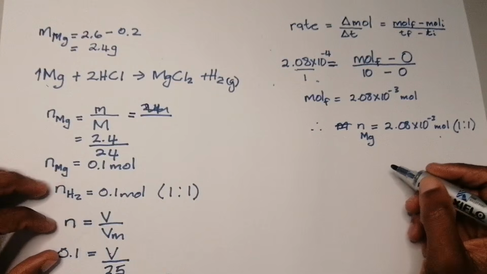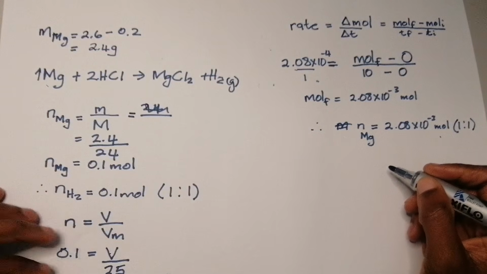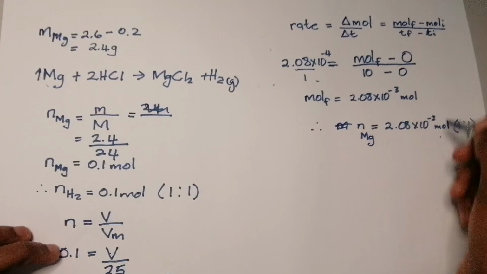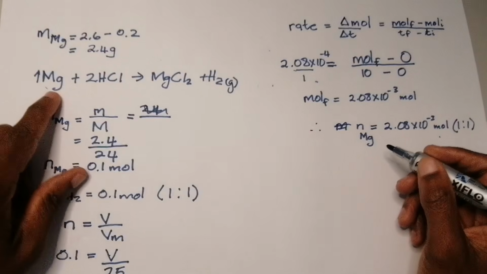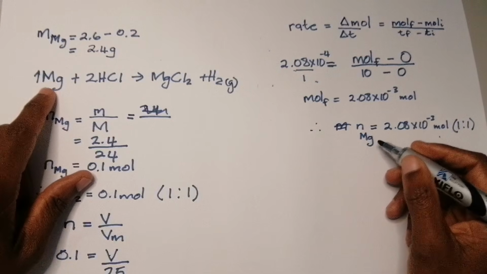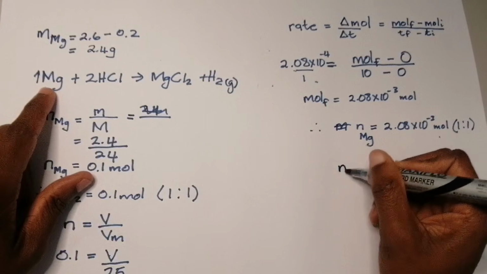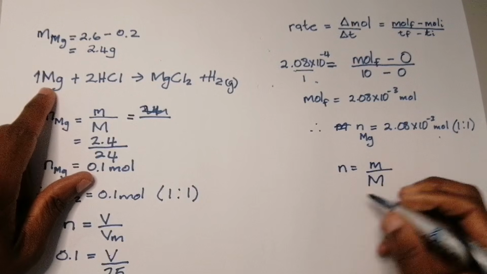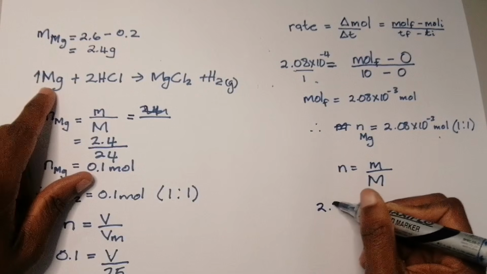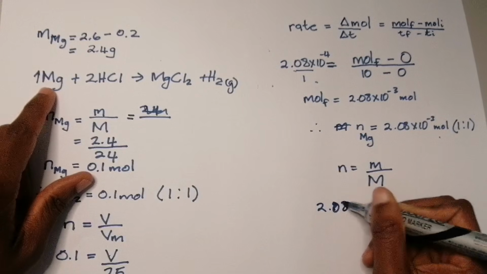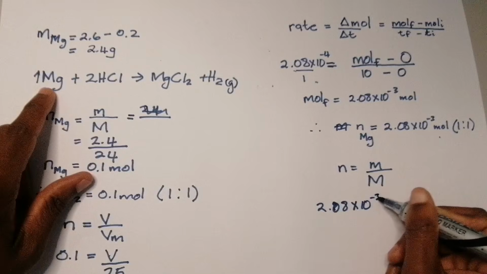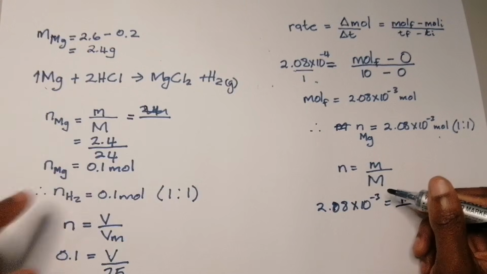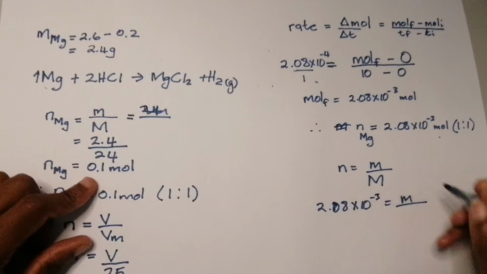So in this case, what do I want to do now? I want to now find the mass. If I know the number of moles that I used of magnesium, then I can find the mass. The number of moles would be mass divided by molar mass. So my number of moles is 2.08 times 10 minus 3, my mass is what I'm looking for, and the molar mass, you remember we found that in the periodic table.